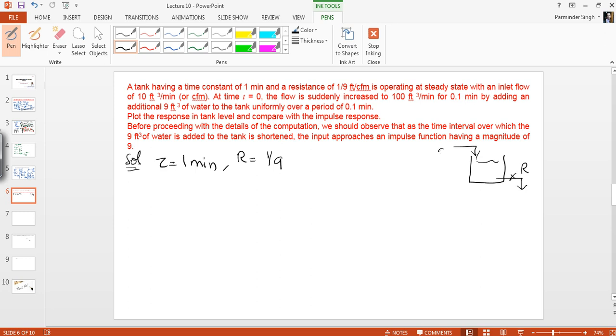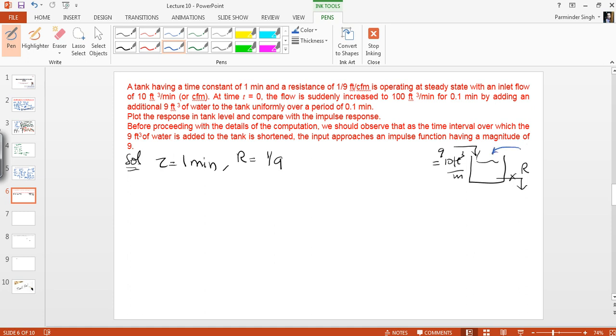Now this Q is given as 10 feet cube per minute. At time t equal to 0, the flow is suddenly increased by adding an additional 9 feet cube of water to the tank over a uniform period of 0.1 minute. That means additional water is now being added into the system.